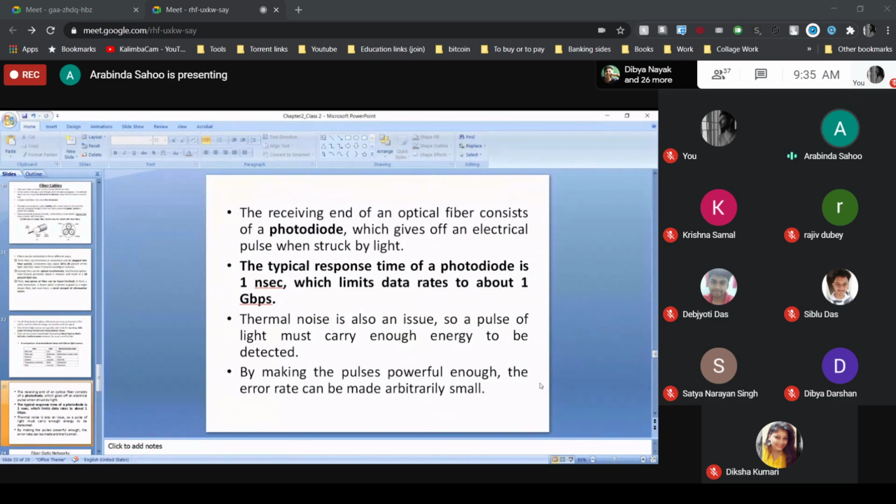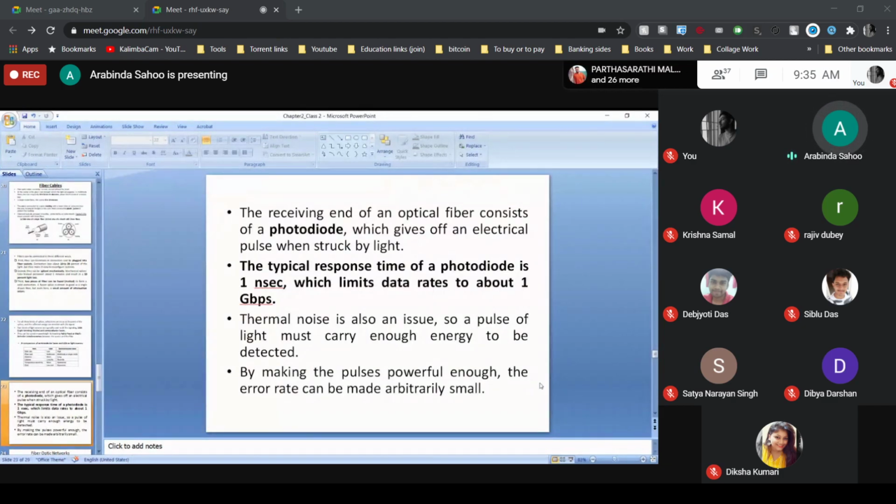Suppose, for example, it takes 1 nanosecond to convert a light pulse to an electrical pulse. Then in 1 second, how many pulses can it convert?